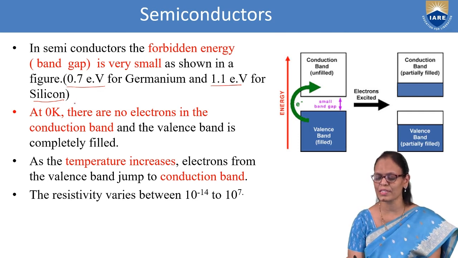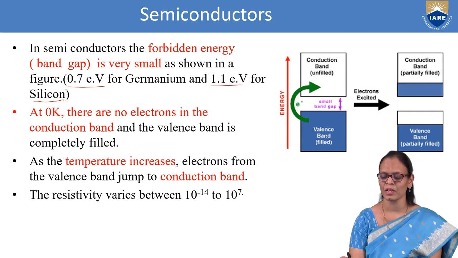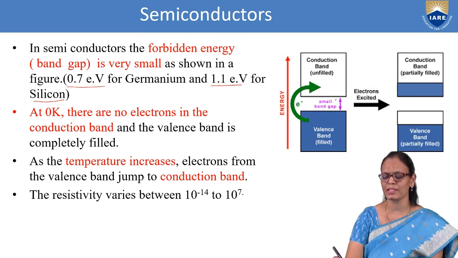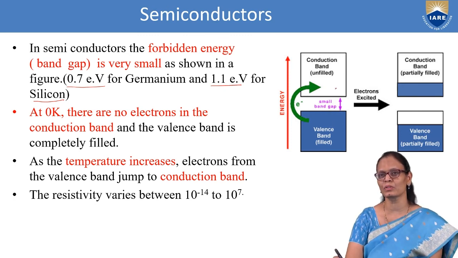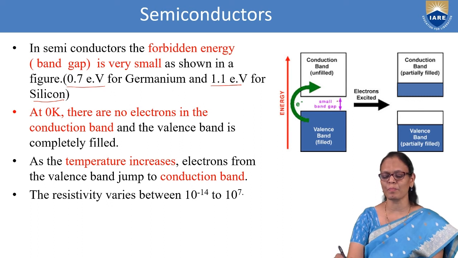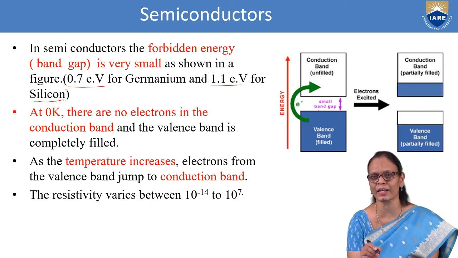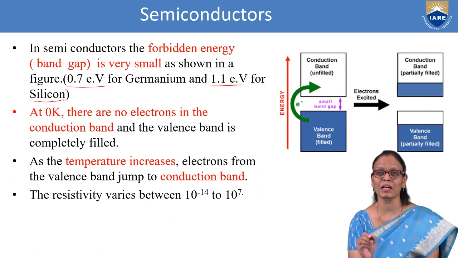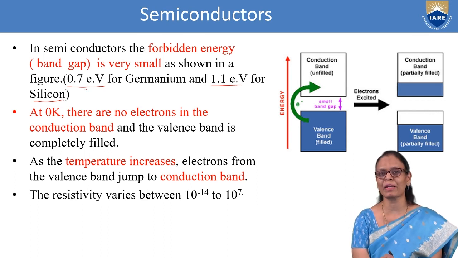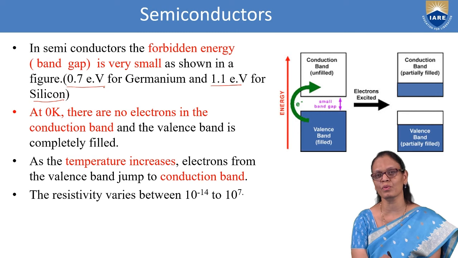Now if you are seeing here, this is the valence band, this is the conduction band, and there is a small gap between the two, and this gap depends upon the material. Usually we say of the order of 1 electron volt. Specifically, for germanium it is 0.7 electron volt and for silicon it is 1.1 electron volt.